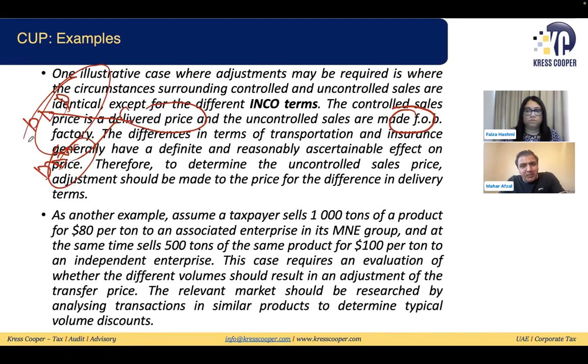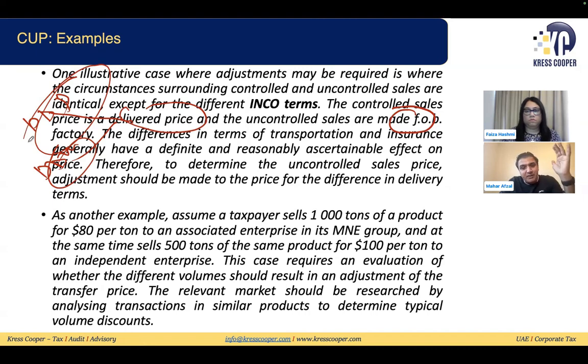Another example: assume a taxpayer sells 1,000 tons of a product at 80 per ton to an associated enterprise in the group. At the same time, it sells 500 tons of the same product at 100 per ton to an independent enterprise. This case requires an evaluation of whether the difference in volume should result in an adjustment of the transfer price. Might be, yes, there is a possibility.